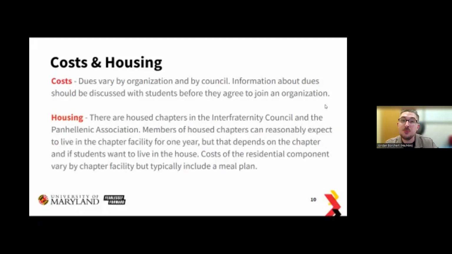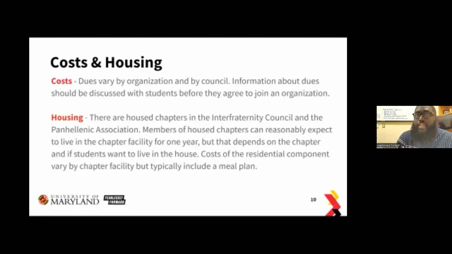The fraternities and sororities should be sharing and being transparent about the costs, housing requirements, and what all of that looks like. But if they're not, it is okay for those students to ask those questions, and they should feel confident and able to ask. If there are some concerns around some of those things, they can always contact Hamed, and we can navigate some of those conversations around housing and fees.